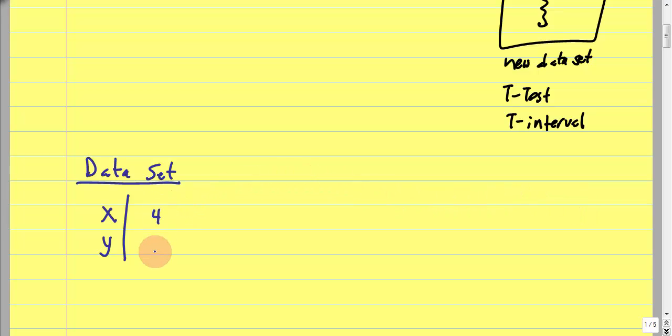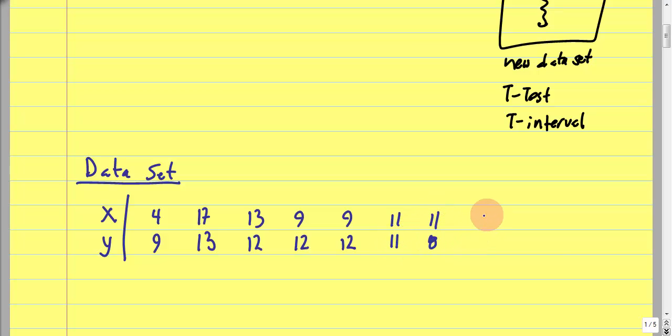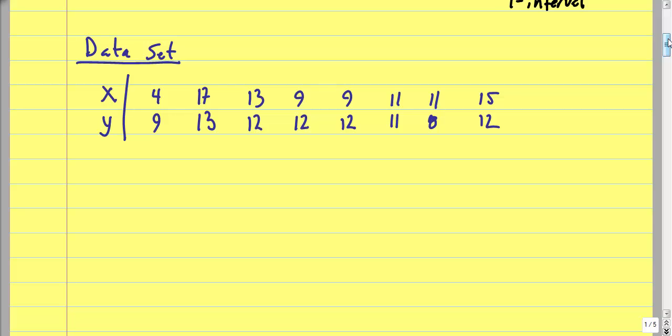design. So for this particular data set, this would be subject 1, the x and the y value. So these are related. So when I record 4, I also have to record 9 right across from it. So let's go ahead and write down the rest of this data set. Okay, now to enter this data, what we want to do is we want to find the differences.